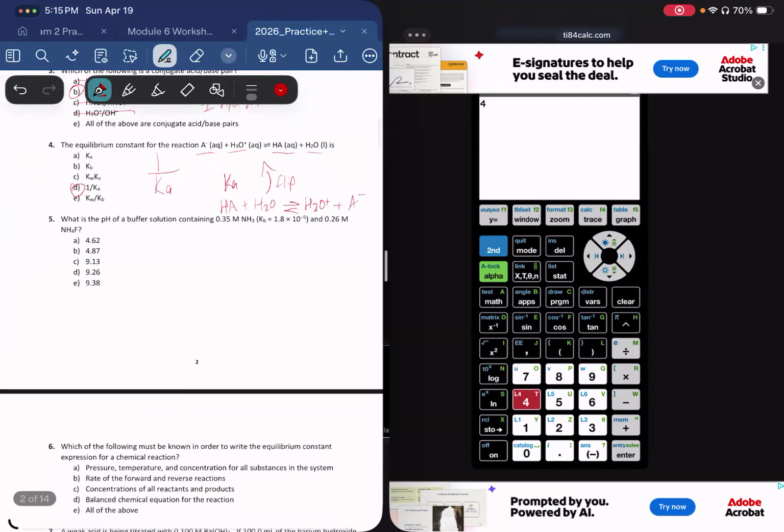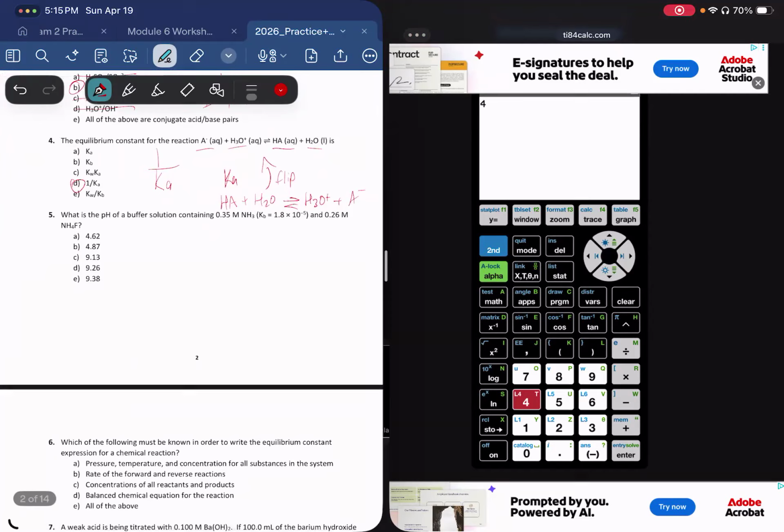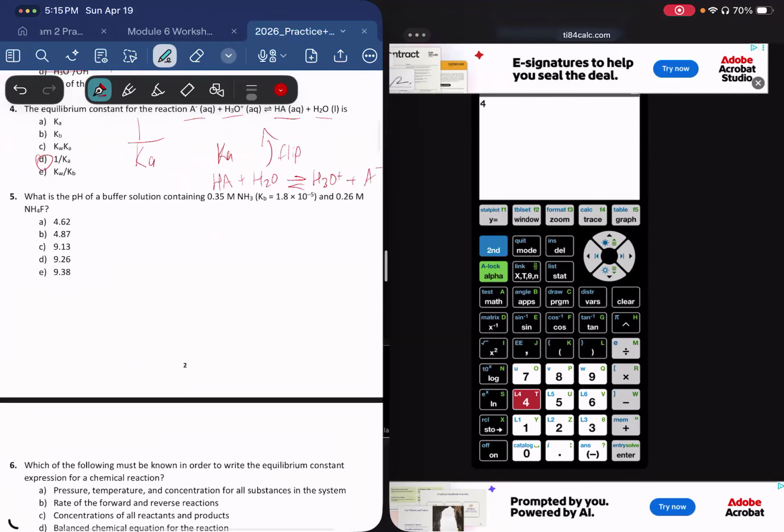All right, number five. So this is a very good question. Anytime you see a buffer question, they should be really freebies, basically. Because when you see a buffer, you have a base and its conjugate acid, so you can do Henderson-Hasselbalch. The only issue with this question is you're given Kb.